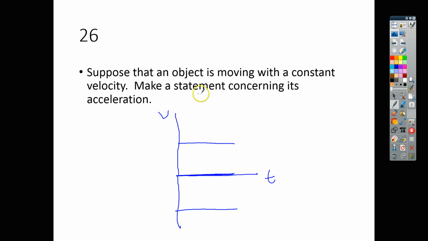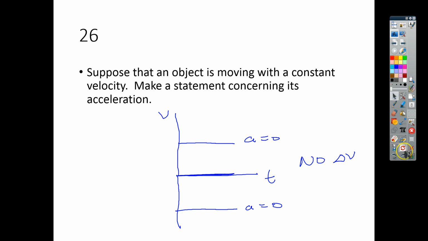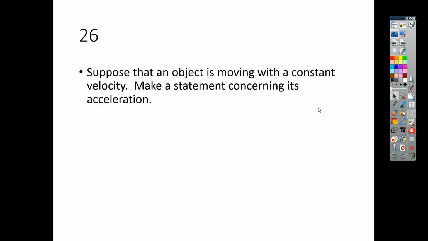And for all of these, the acceleration is equal to 0 because there's no change in velocity. So no delta v. So therefore, there's no acceleration if we're looking at this moving with a constant velocity. It could not be going in a circle, because if it's going in a circle, remember it's changing direction, and that would be a change in velocity.